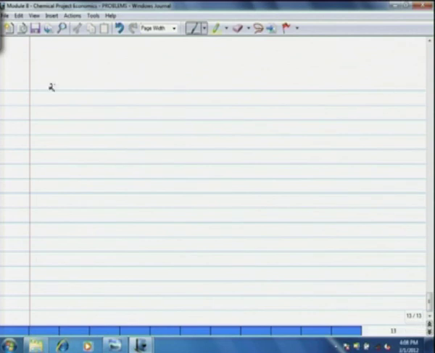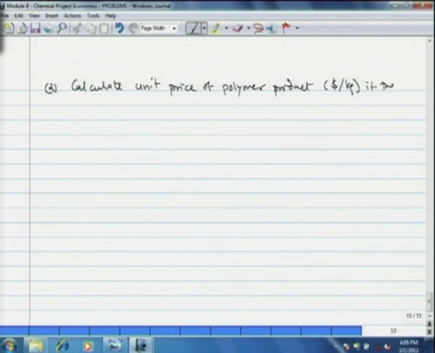Then second, calculate the unit price of the polymer product again in dollar per kg if the payback period of the project is 5 years.